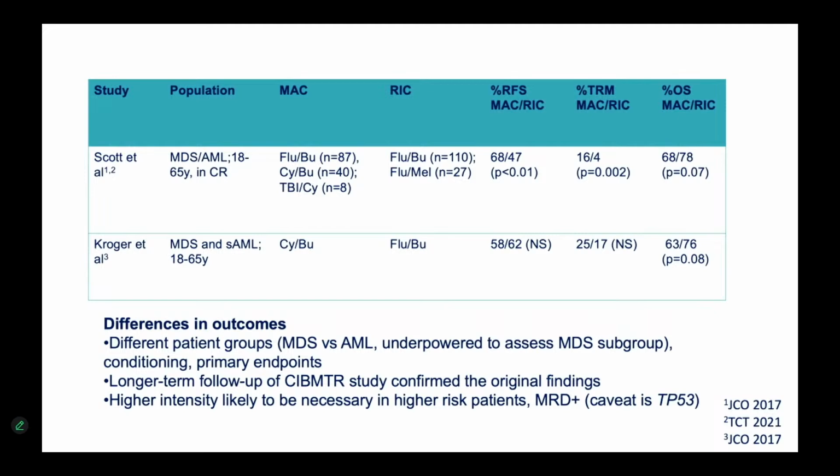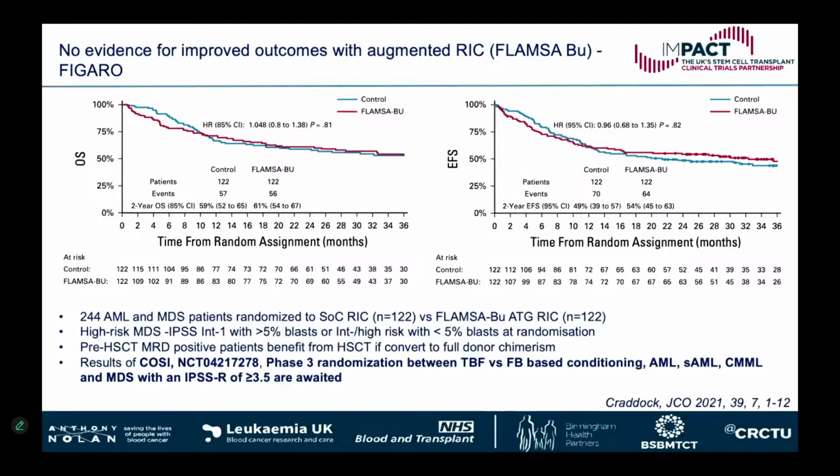So all of these factors could be affecting the outcomes. Longer-term follow-up of the BMT CTN study confirmed the original findings, and it does seem likely that higher intensity might be necessary in higher-risk patients, based on some of the NGS data I've also shown you, but a caveat may remain with P53 mutated disease.